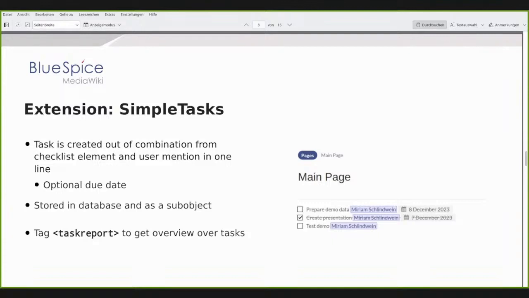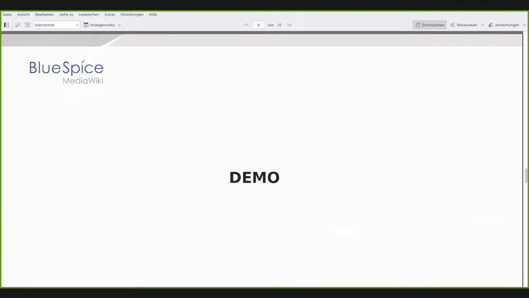If you don't want to use that, or if you don't want to query with a sub-object, then you can also use the tag task report, which is implemented in SimpleTasks. And then you can filter as well for a user or for tasks in a dedicated namespace, or for the state if it's open or closed. And I guess I will demonstrate how this can be done.